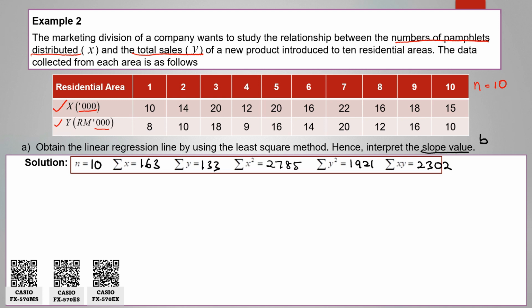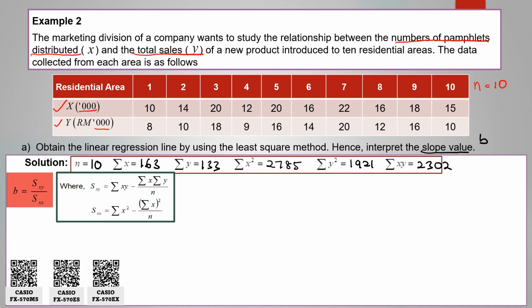So the formulas involved here are: you need to find b, and for that you need Sxy and Sxx, and then you need to find a. Now, let's start with finding the values of Sxy, Sxx, and Syy.